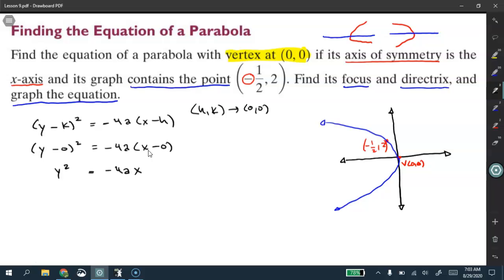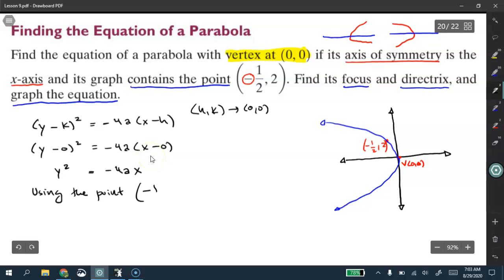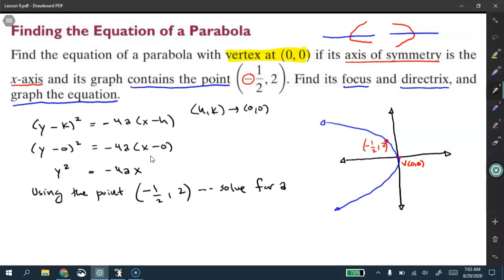So what you do here is you use the point negative half comma 2, and we're going to solve for a. Meaning we're going to plug negative half and 2 into this equation and solve for what a stands for.